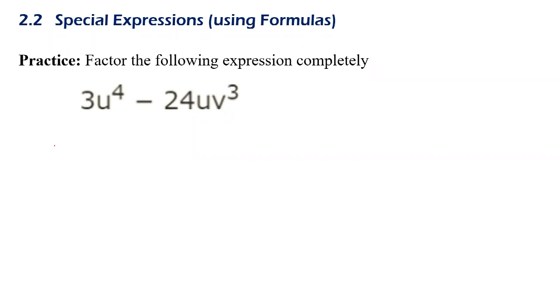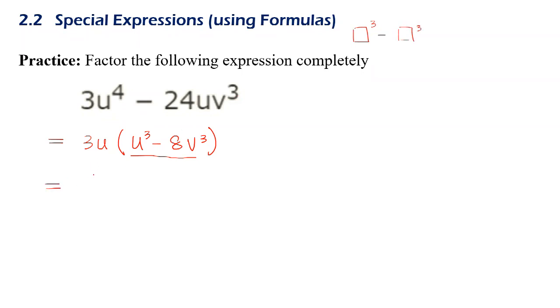Okay, let's have a look at the solutions. First of all, we can factor out the greatest common factor, right? Which is 3u. If we put 3u in front, what's left behind is u cubed minus 8v cubed, right? Note that we can then factor this using the formula, the difference between 2 cubed, right?